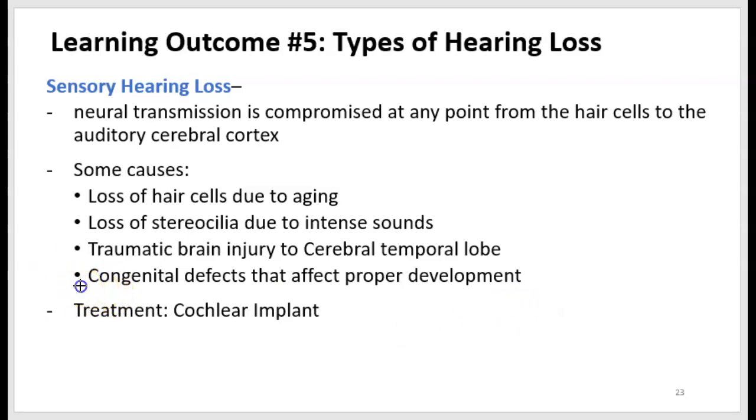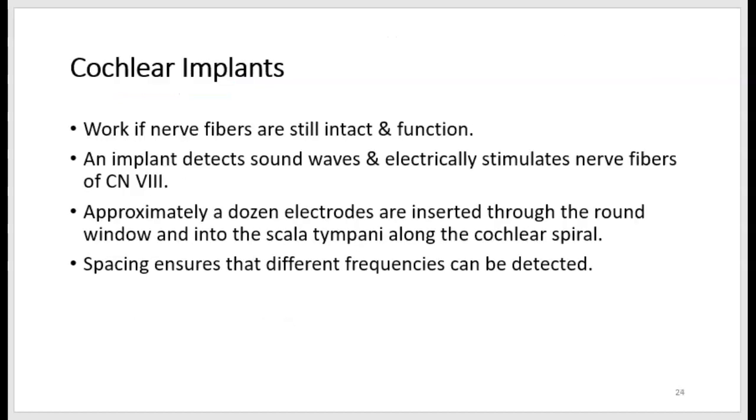But generally speaking, when someone is born with hearing loss due to improper development as an embryo and a fetus, often this can be treated by putting a cochlear implant in place. Now, cochlear implants are only going to work, generally speaking, if the nerve fibers are intact and the brain is intact. So you're going to have the nervous system proper, intact, and functional.